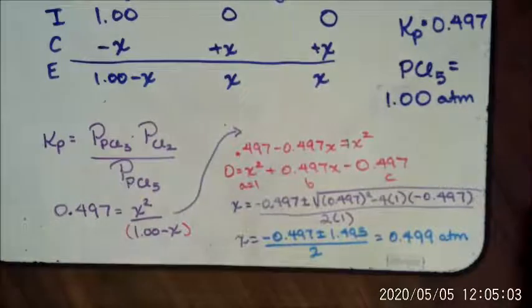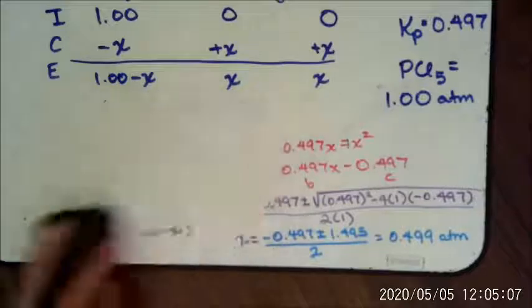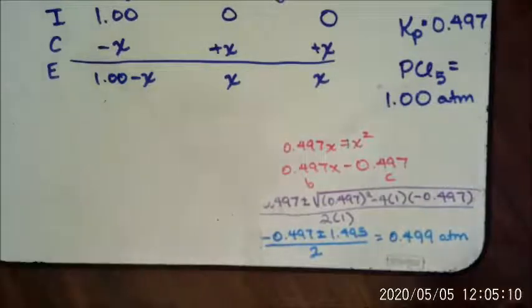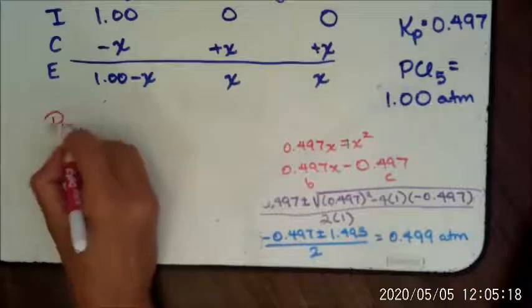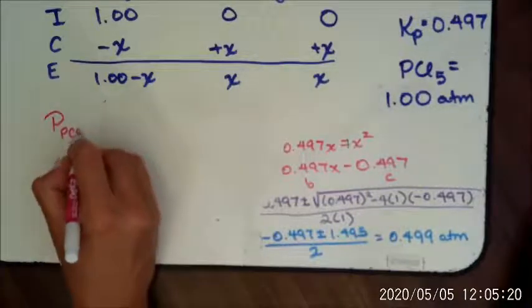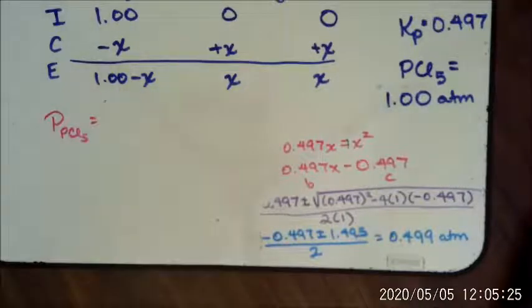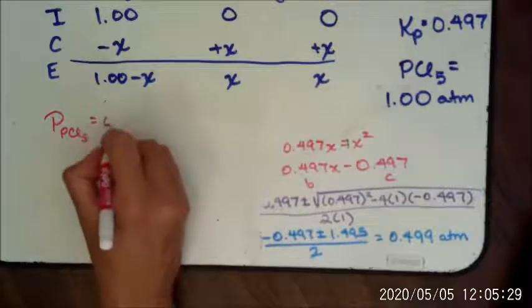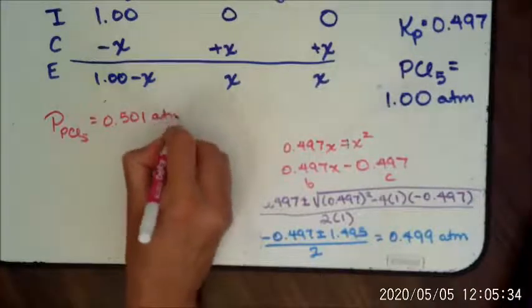When we look at our equilibrium values, my partial pressure for phosphorus pentachloride is going to be 1 minus 0.499, so I just get 0.501 atmosphere.